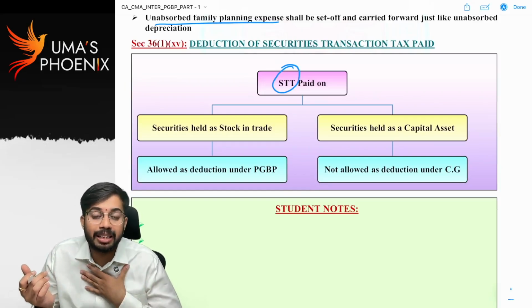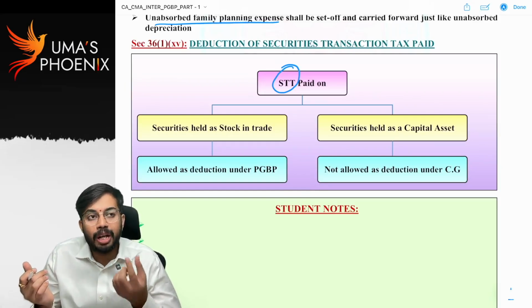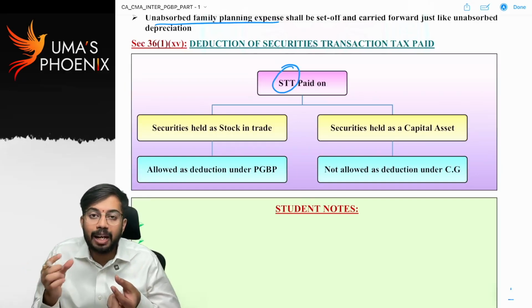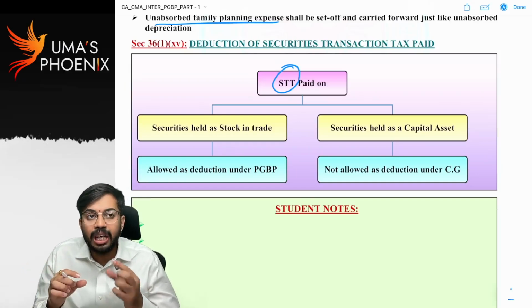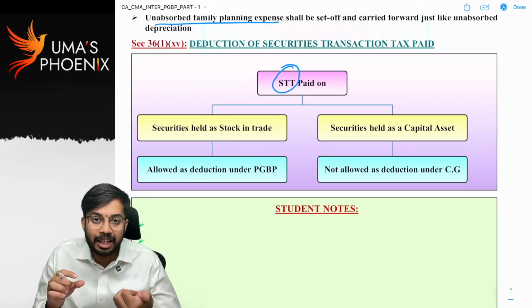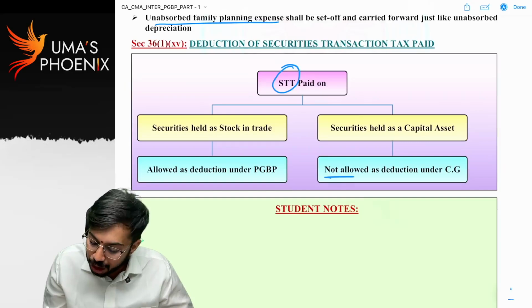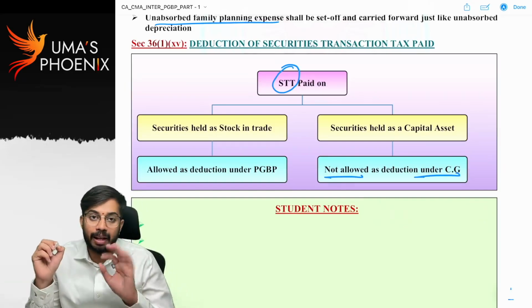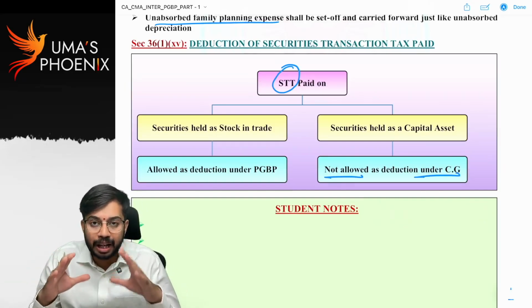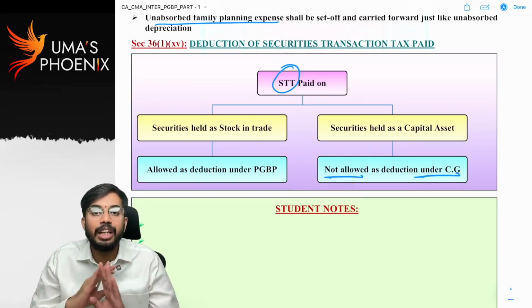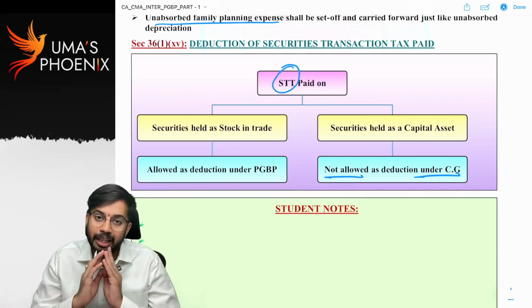I am holding shares as capital asset. When I am holding shares as capital asset, capital gains head gets attracted. So even if I pay any securities transaction tax, as per capital gains provisions, securities transaction tax is not allowed as deduction under the head capital gains. So whenever you are holding securities as capital asset, securities transaction tax is not allowed as expenditure.